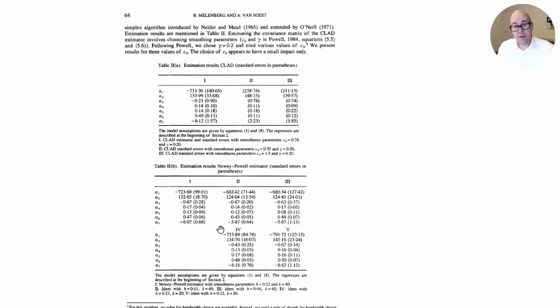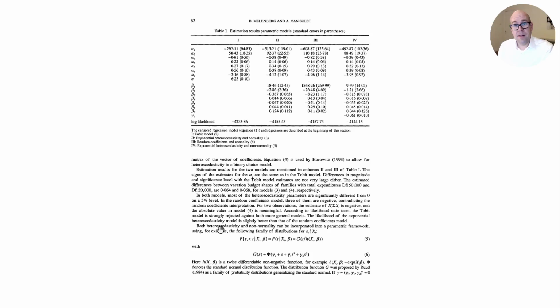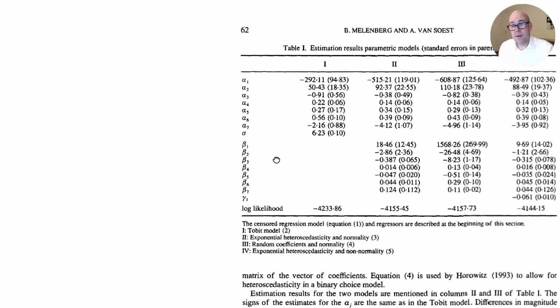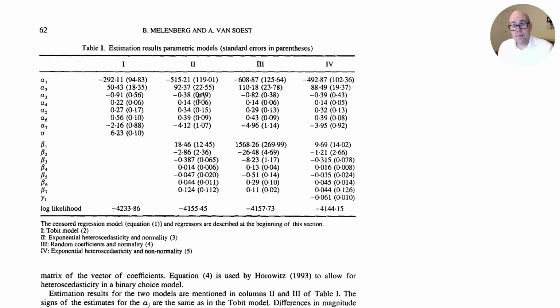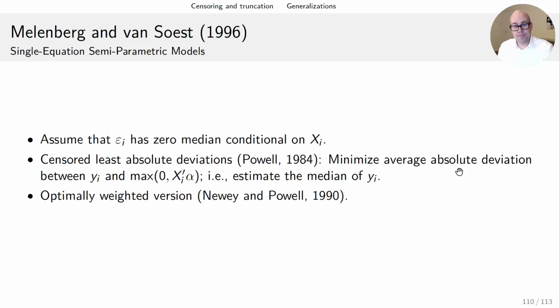And when I go back here, we had values that were somewhere in this range. The common element is that they're all fairly imprecisely estimated. So again, the confidence intervals will be largely overlapping.